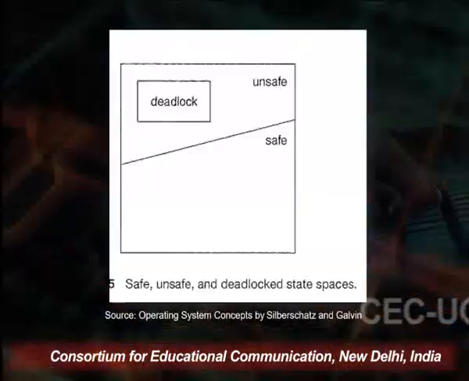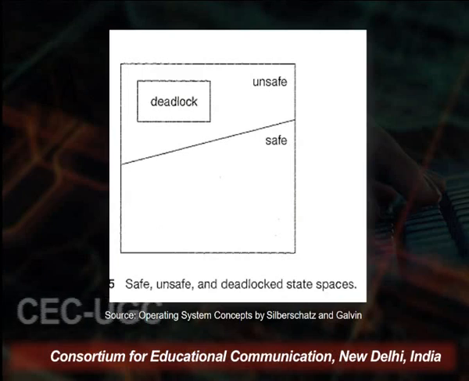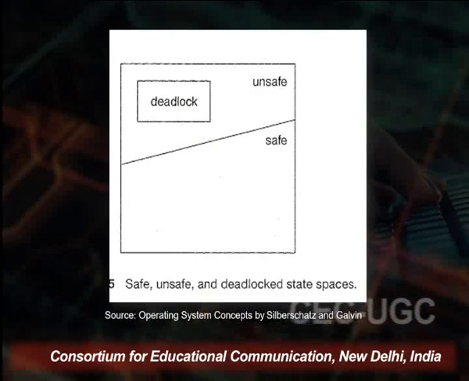If we look at the state space of the system, we have a safe zone, and we have an unsafe zone, and within this unsafe zone there is a small part where the deadlock can occur. Here you can see the figure showing the state spaces of the system.